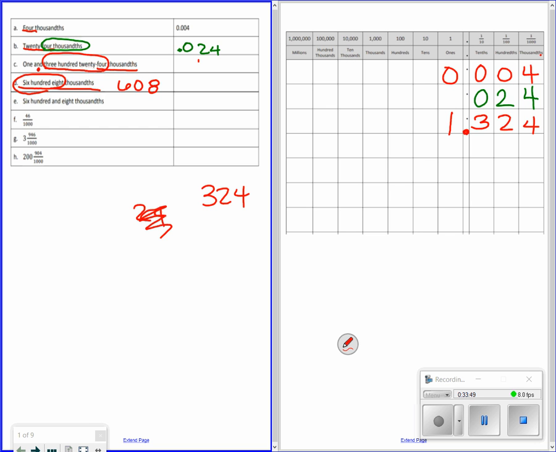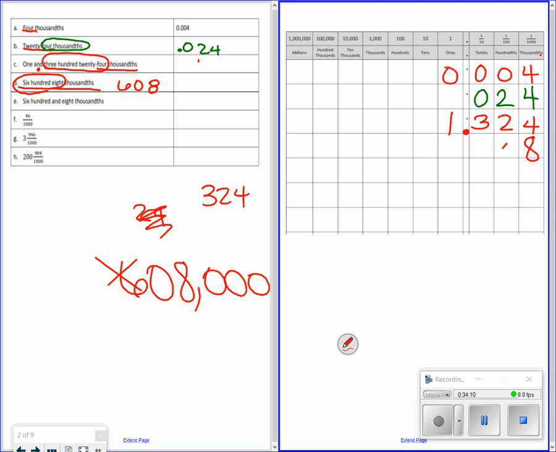It is not 608,000. Totally different number. That's not what you're doing. So 608 in the thousandths place. 8 in the thousandths. 608 thousandths should look like that.